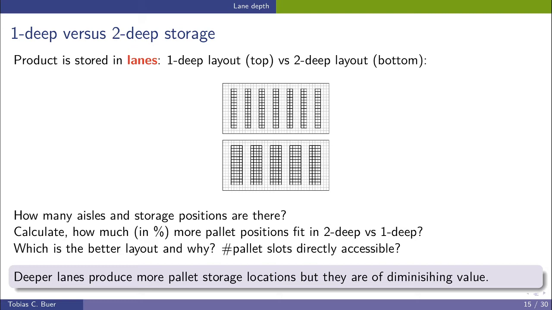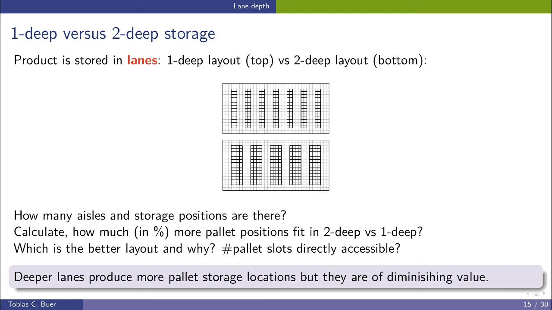In the upper picture you can access one of the dark black storage locations from the left side and from the right side. On the bottom picture, you can also access from the left and from the right, but the pallet that is stored immediately back to back cannot be accessed directly.